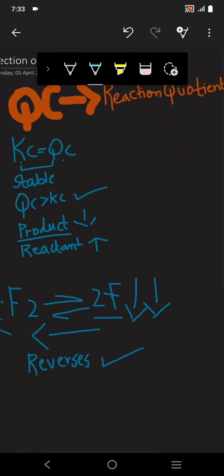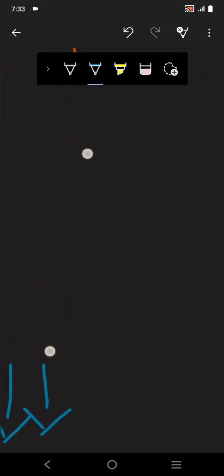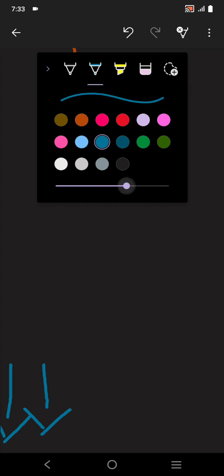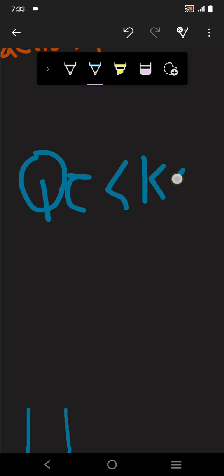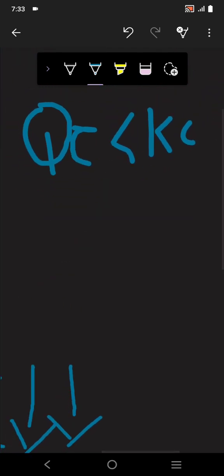On the other hand, if Qc is smaller than Kc, what will happen? There will be an increase in the product.